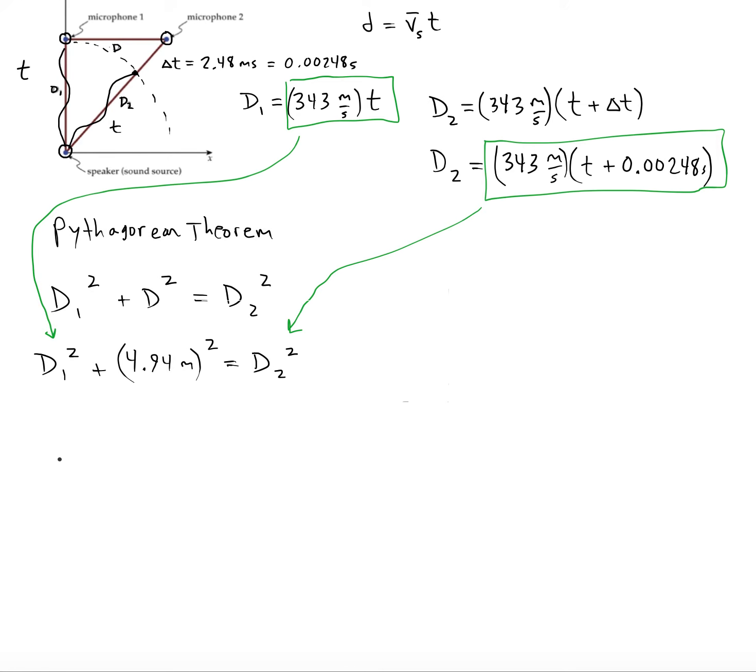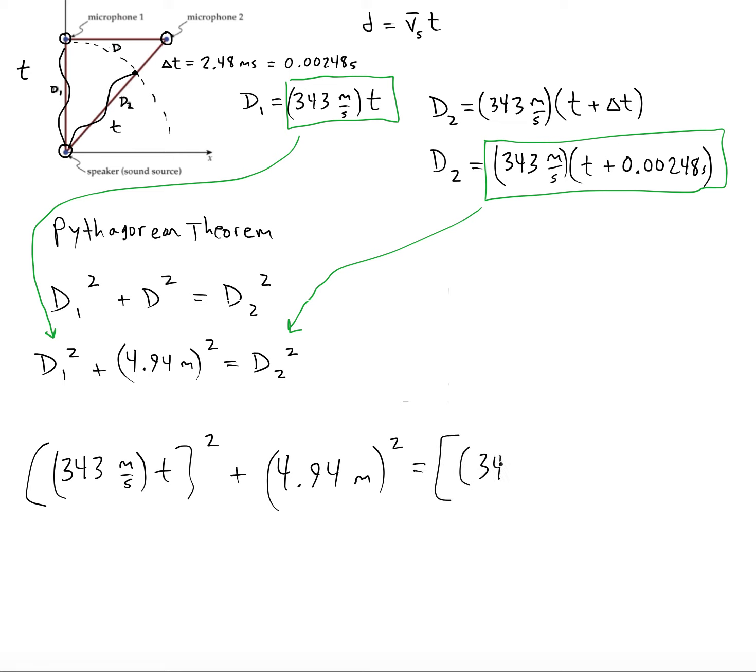So you'll have 343 times t squared, 4.94 squared, and then we want 343 meters per second, t plus 0.00248 seconds. Square that.